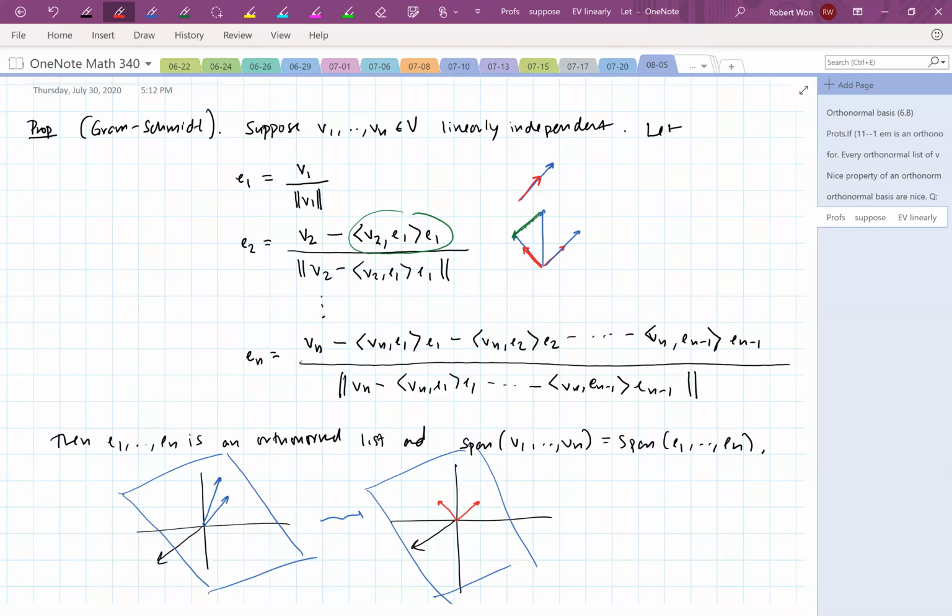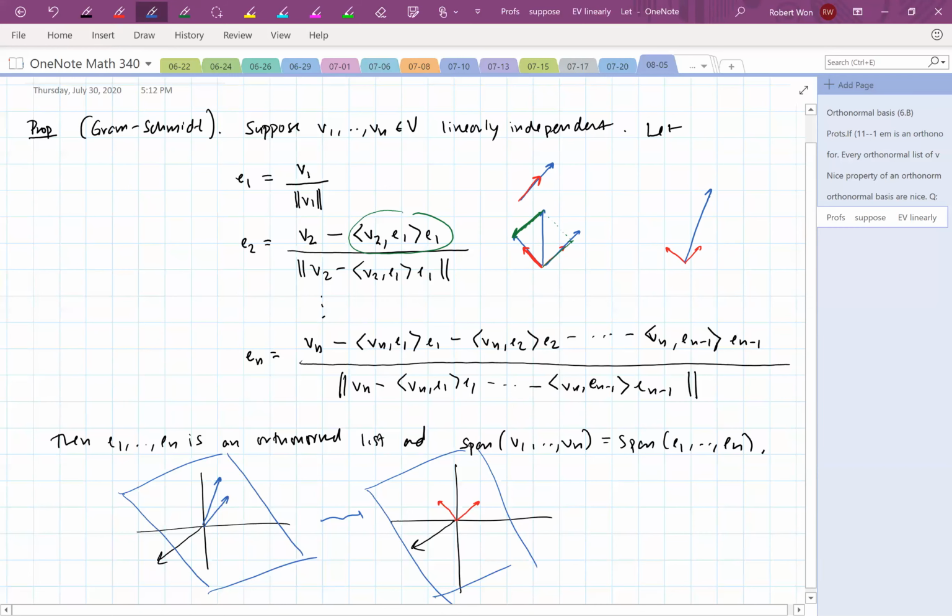And I should point out that if you remember calculus and thought about it hard, this vector that you're subtracting off is really just the projection of V2 onto E1. And at each subsequent stage, we now have vectors like this, and it's going to be hard for me to draw in 3 dimensions. But now you have some other vector V3.